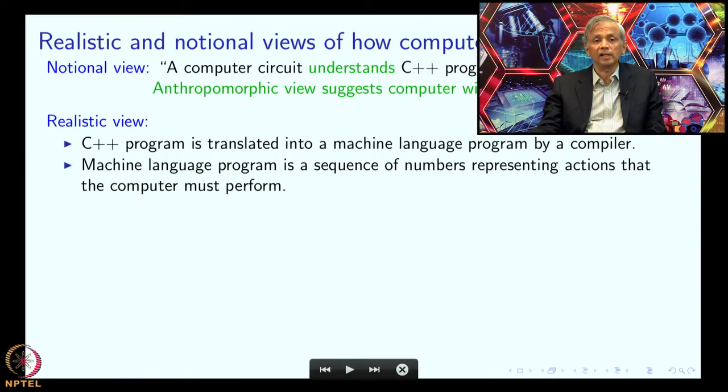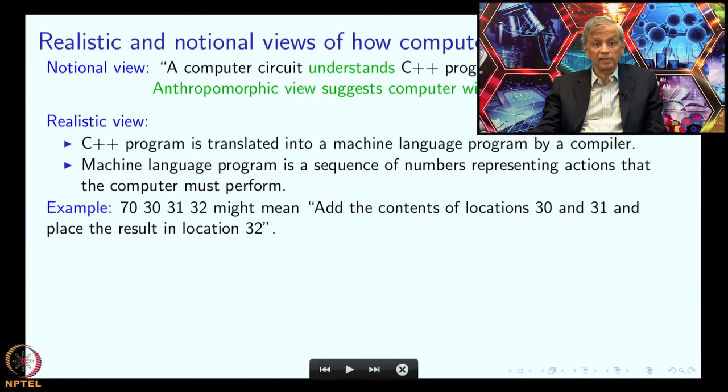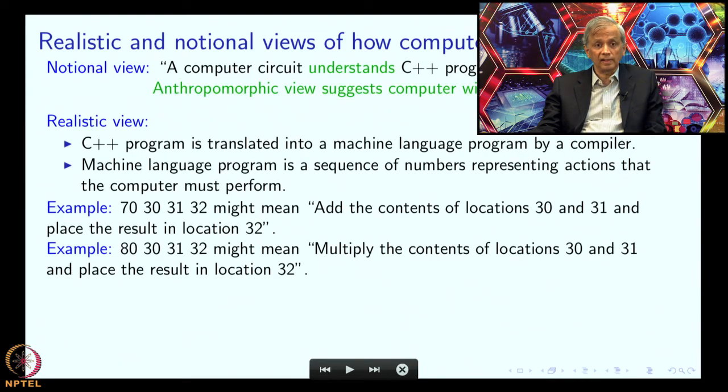It has to have this very peculiar input which consists of numbers. So you could say, for example, that 70, 30, 31, 32 could mean add the contents of location 30 and 31 and place the result in 32. So 70 somehow means addition. Another example, 80, 30, 31, 32 might mean multiply.